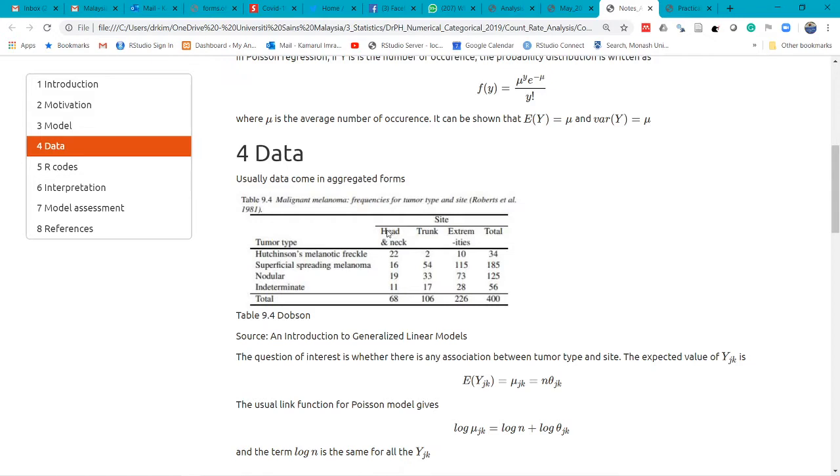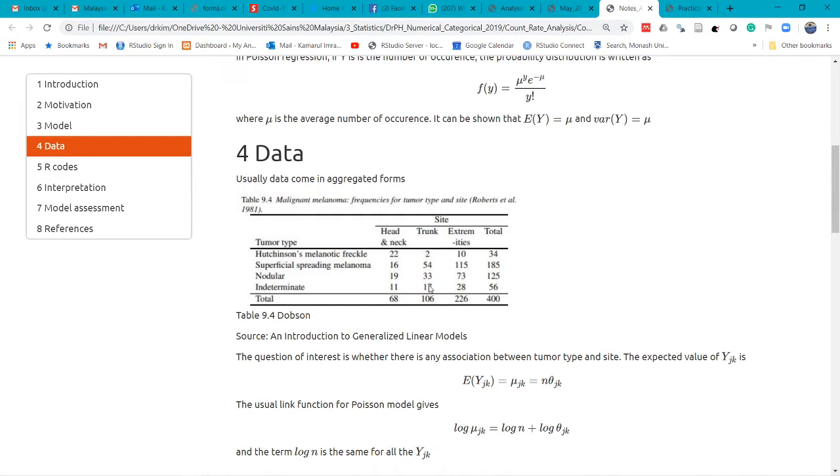You see that this is the number of tumor types at different sites. So for example, the Hutchinson melanotic freckle on the head and neck, there were 22. Nodular tumors on the trunk were 33.